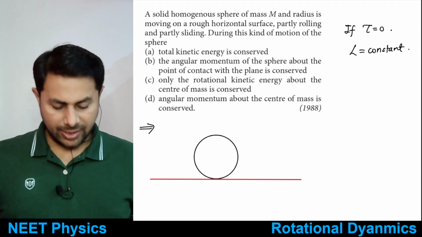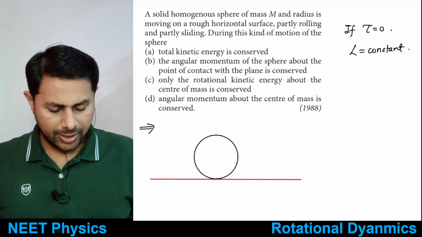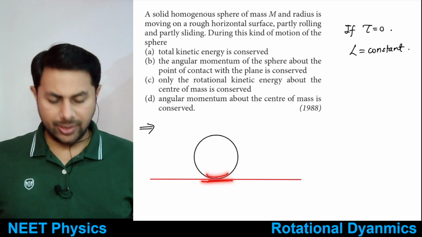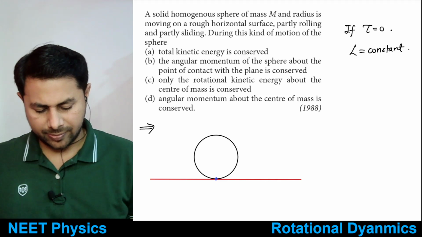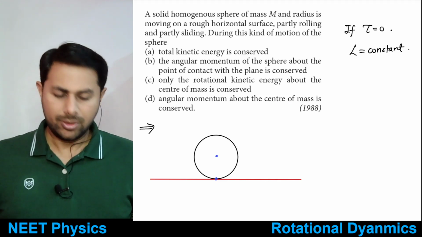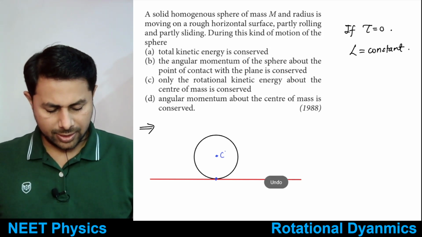So now 2 points are given. Which are those 2 points? The first one is the point of contact, okay, between the sphere and this surface. Second one is the center of mass, right? So now this is center of mass.